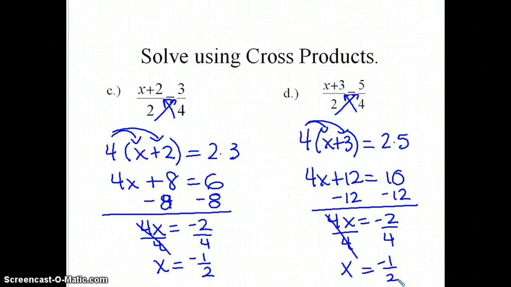Now, it's interesting to note that both of these problems have the same answer, but you can see from the very beginning, both of these problems are different. So I want you to be aware that we can have fractions as answers. Sometimes you can end up with the same answer, even though the problems start out differently at the beginning. Also acceptable, you could put it in decimal form. So either answer would be acceptable.